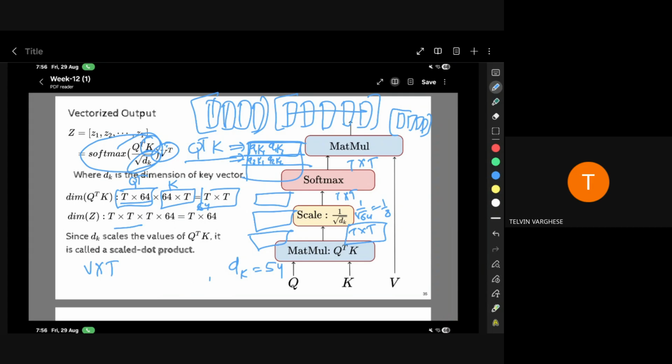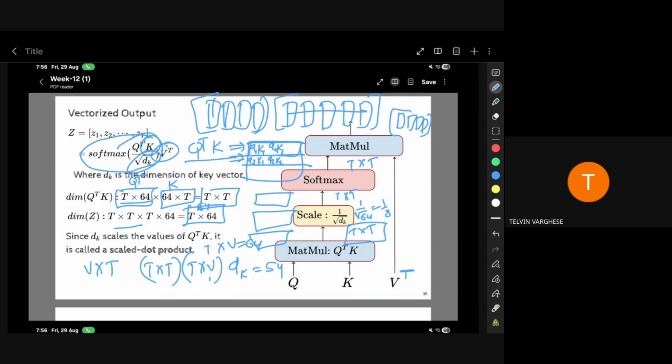Matrix multiplication you have to do here. So now T cross T you are multiplying with T cross V. V is some number I have taken. So finally you will get some T cross V in this case, right? Now you can take 64. That's what they have done. That's why it is T cross 64.